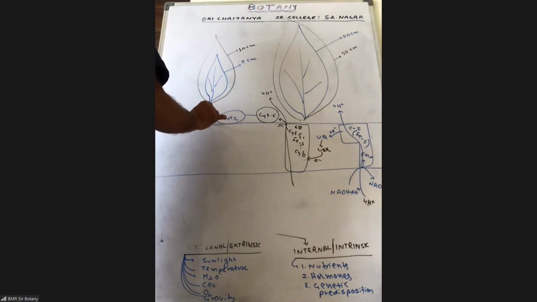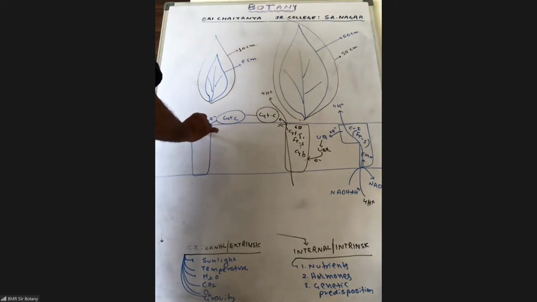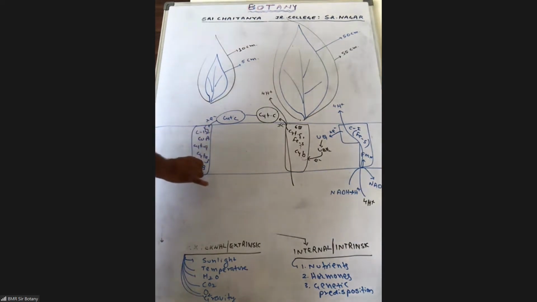So it will transfer 2 electrons to whom? Complex 4. It has 2 copper centers, CuA and CuB. In between it has cytochrome A and cytochrome A3. So electrons of cytochrome C accepted here will ultimately be passed on to whom, Nana? Half O2 in presence of 2 protons to form a water molecule.